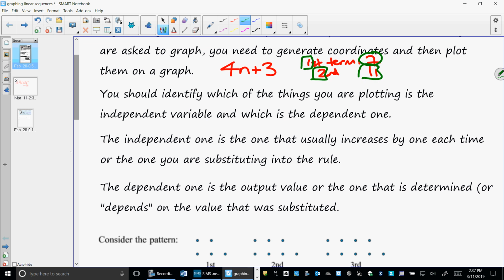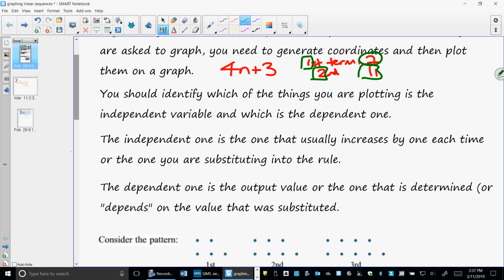So, the independent one is the one that usually increases by 1 each time. So, for example, in this case, it would be the term number. So, term 1, term 2, term 3, term 4. So that would be my independent one. And that one always goes on the x-axis or the horizontal axis.